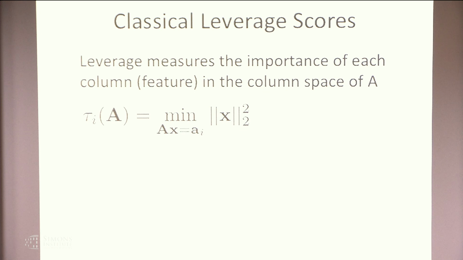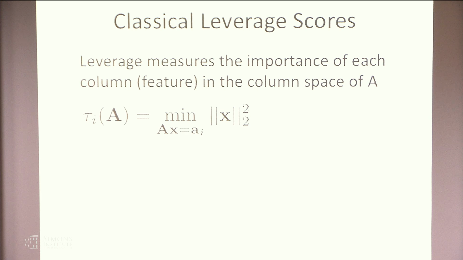You can see that the leverage score captures how easy it is to write a single column of your matrix in terms of a linear combination of the other columns in your matrix. So if this problem is easy, if it's easy to write one column as a linear combination, then tau is small. If this problem is hard, then tau is large. And tau ranges from 0 to 1. And tau is your leverage score.